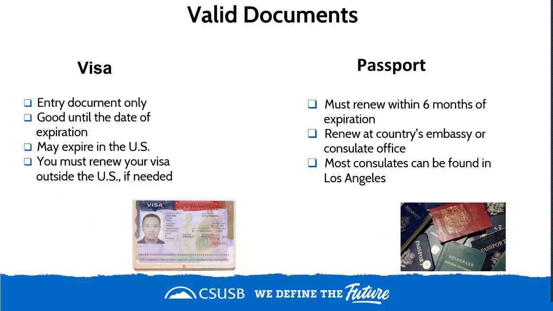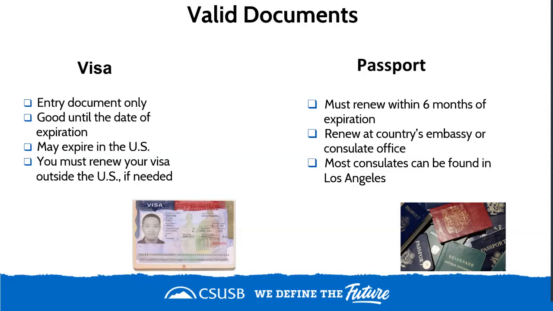Some documents you must keep valid and think about on occasion to ensure that they are valid. For example, your visa stamp. This is the document that you will get upon entry into the U.S. The date is good until the expiration date.